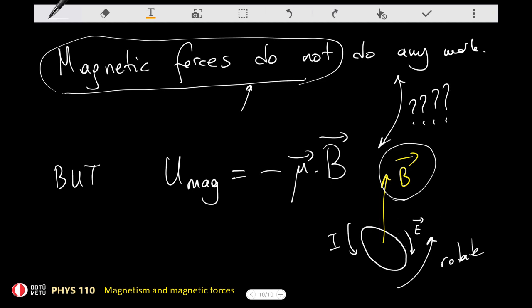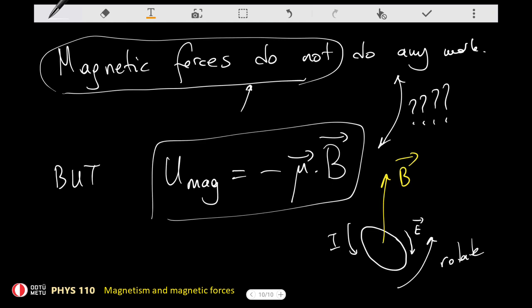So the final conclusion is that there's no contradiction between these two statements. There is actually a potential energy. We can talk about the potential energy of magnetic dipoles when they are placed inside magnetic fields. We can use this potential energy to discuss physics. There is nothing wrong with this. But the first statement is also the correct one.